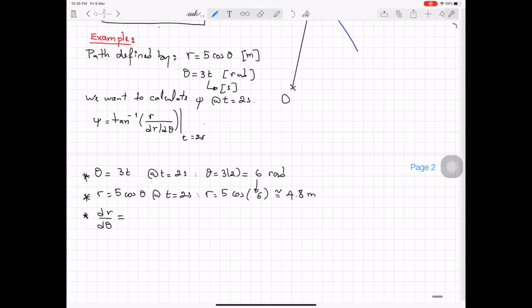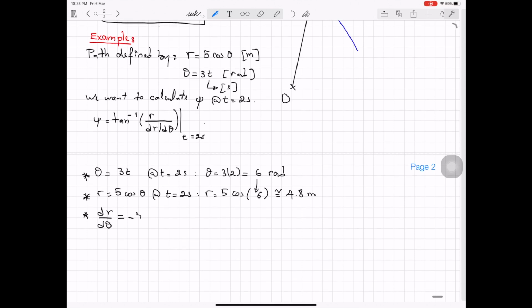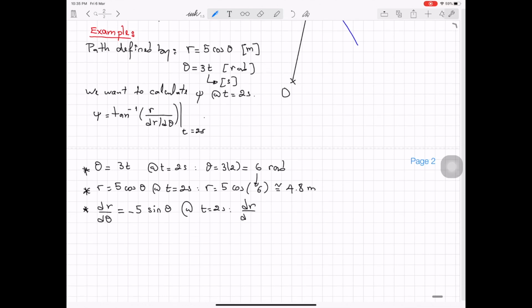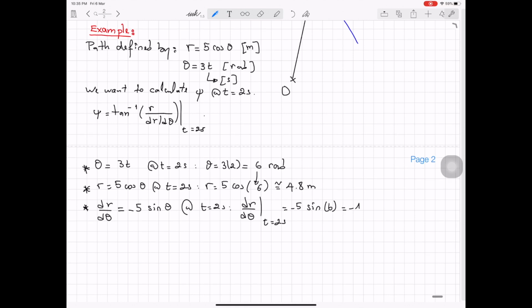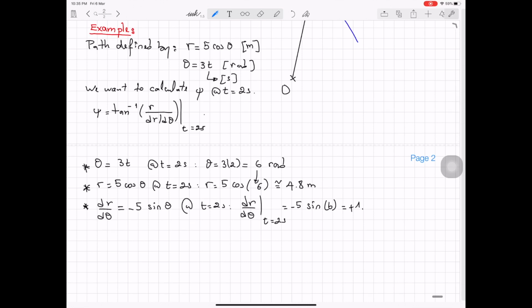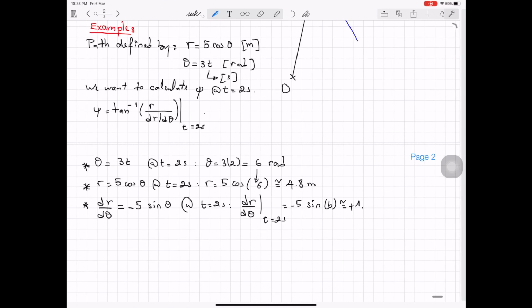Now we differentiate r with respect to theta, and we get minus 5 sine theta. When t is equal to 2 seconds, dr over d theta is equal to minus 5 sine 6, and this gives me almost 1.4.